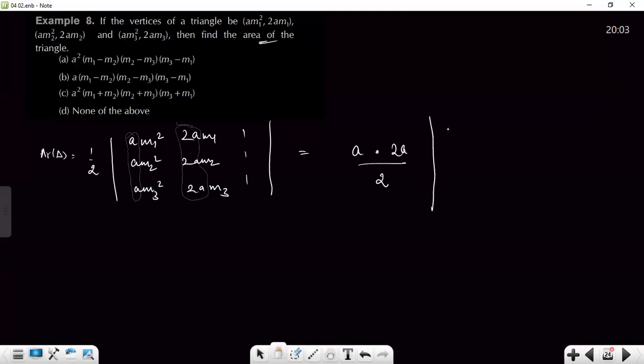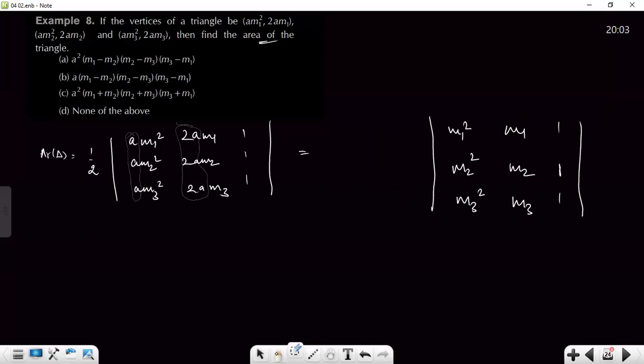What is left is m1 square, m2 square, m3 square, m1, m2, m3, 1, 1, 1. Now the determinant seems shorter. 2 cancels 2, a into a becomes a square.